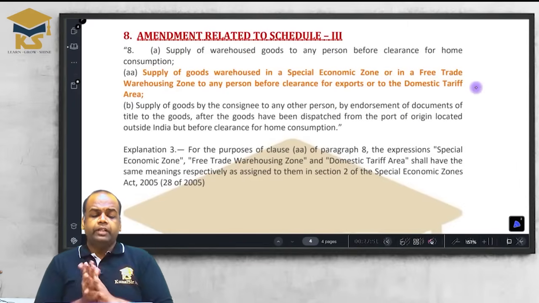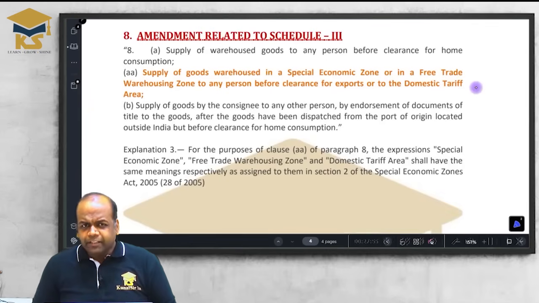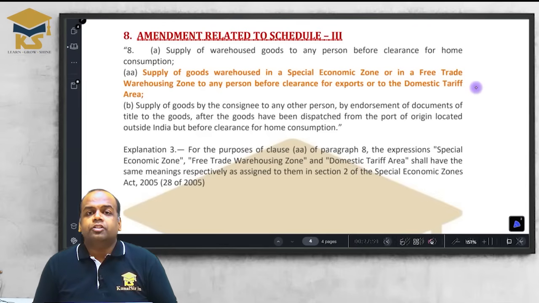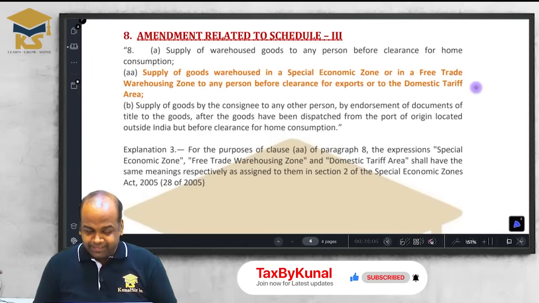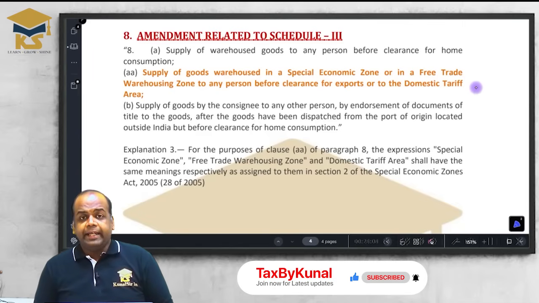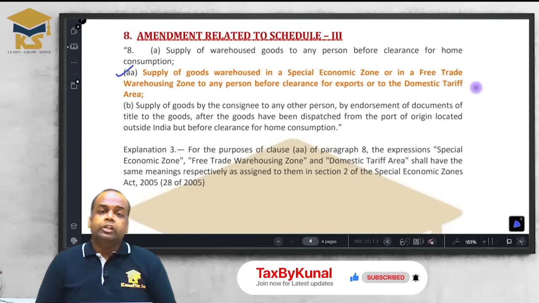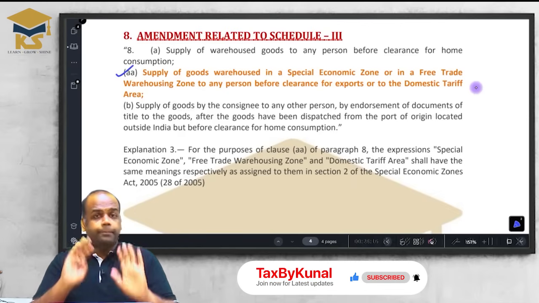Then the last amendment we have is the amendment related to Schedule 3. Now what is Schedule 3? Remember? Transactions not treated as supply. So under entry number 8, after clause (a), a new clause (aa) is added and it's updated in our video.